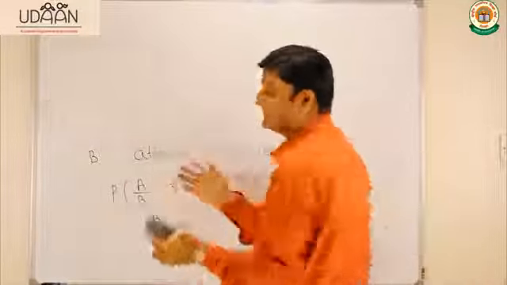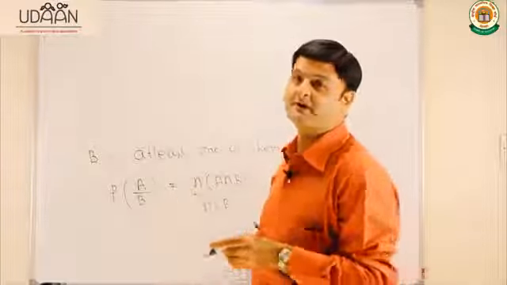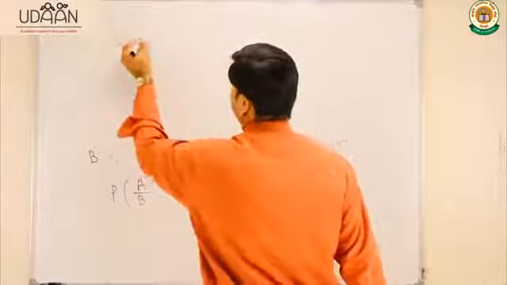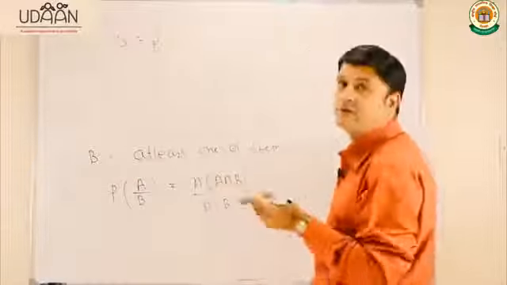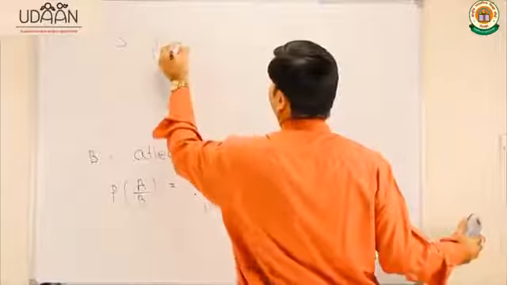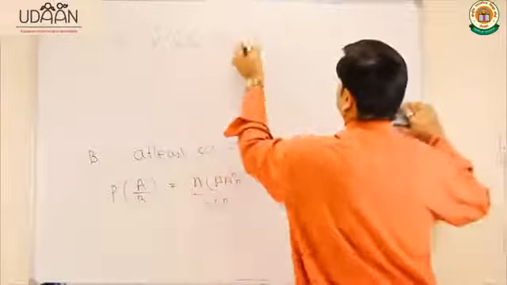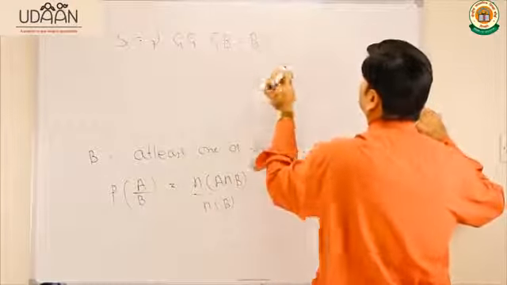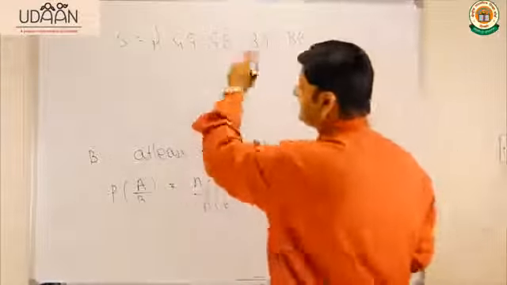Whenever you are dealing with such type of sums, you should always start with the sample space. Sample space means, I hope you remember, collection of all possible outcomes. So obviously in that family, either both will be girl, or first one girl, second boy, or boy and girl, or both are boy. It is the sample space.